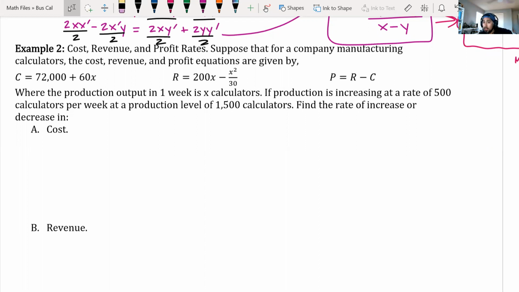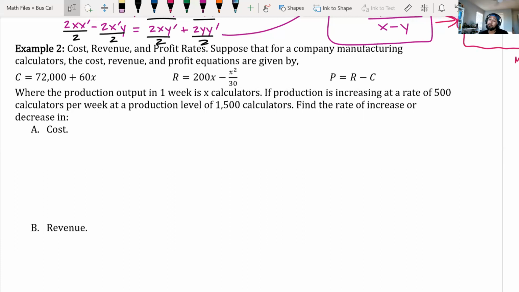The production output in 1 week is x amount of calculators. If production is increasing at a rate of 500 calculators per week at a production level of 1,500 calculators, find the rate of increase or decrease in the cost, revenue, and profit functions.